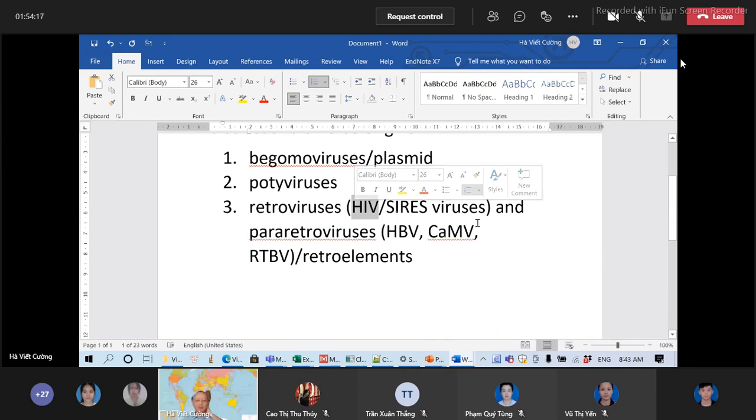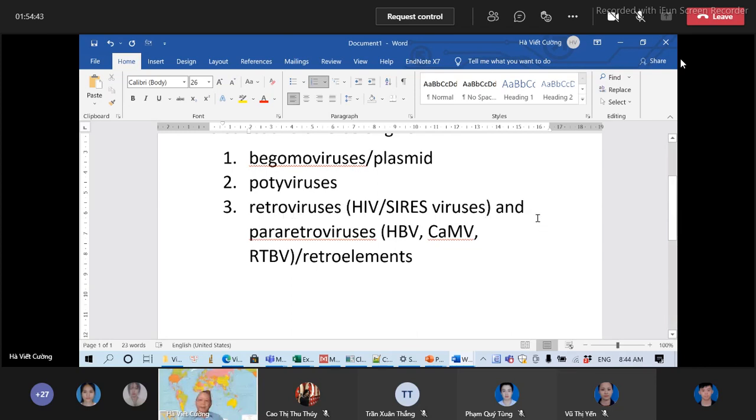And the CRS virus is a virus similar to HIV, but this virus infects plants, okay? Viruses like HIV and CRS virus belong to one group, namely the retroviruses, okay? And all retroviruses have an RNA genome, okay? HIV is an RNA virus, CRS virus is an RNA virus, okay?